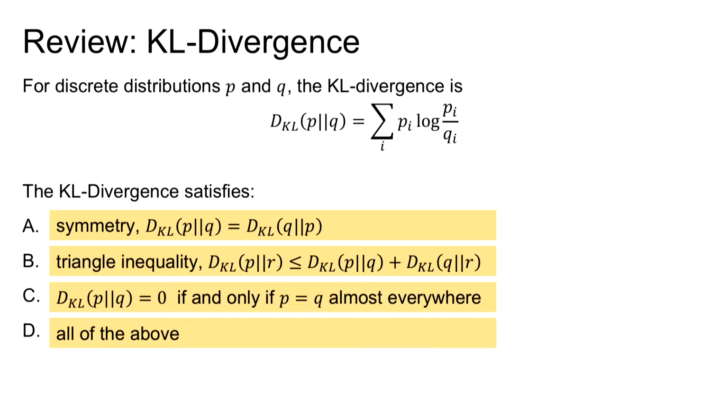The third is that the distance measure is 0 if and only if the probability distributions are the same. For technical reasons, you have to say almost everywhere, because things are not defined where one of them is 0. Or option D is all of the above. So if you could just click in a choice, and we'll see how we did.